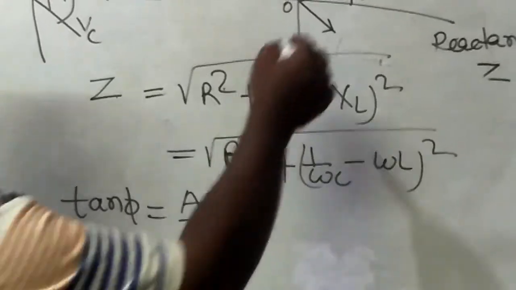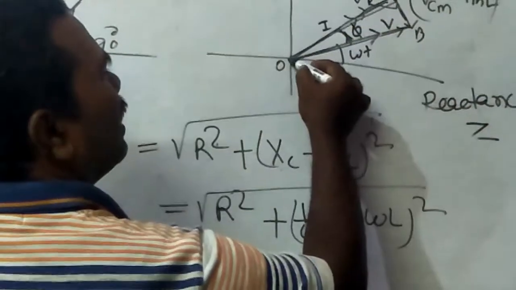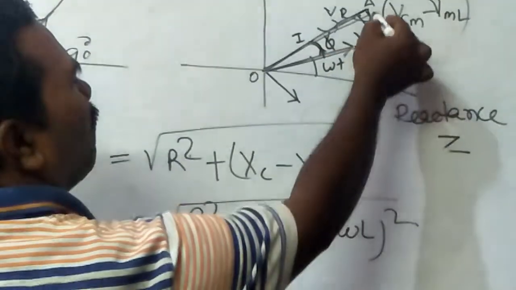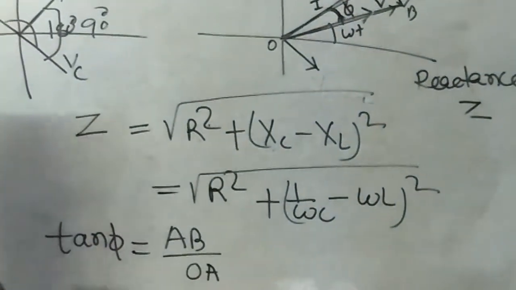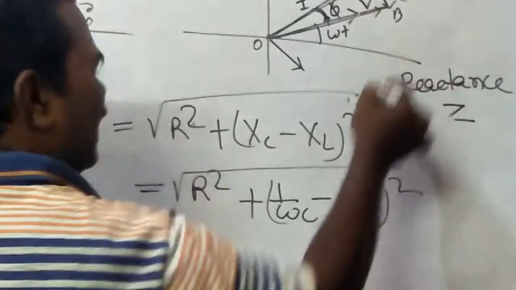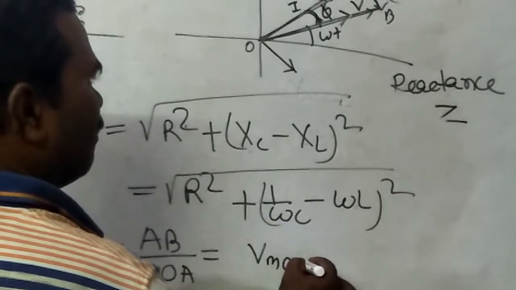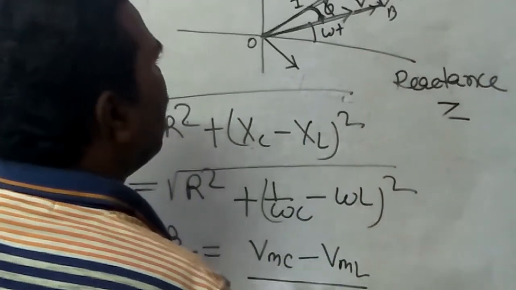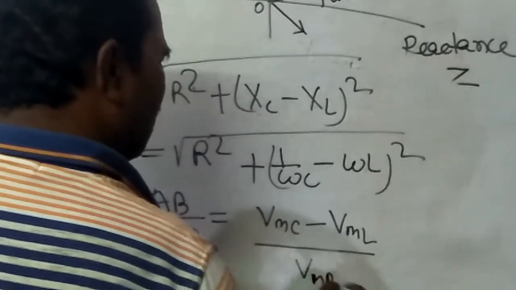Let us calculate the phase relation between them. In this right-angled triangle AOB, tan phi is the opposite side by the adjacent side, that is FB by OA. FB, the length of this line, is VMC minus VML, and OA represents the VR phasor, that is VMR.